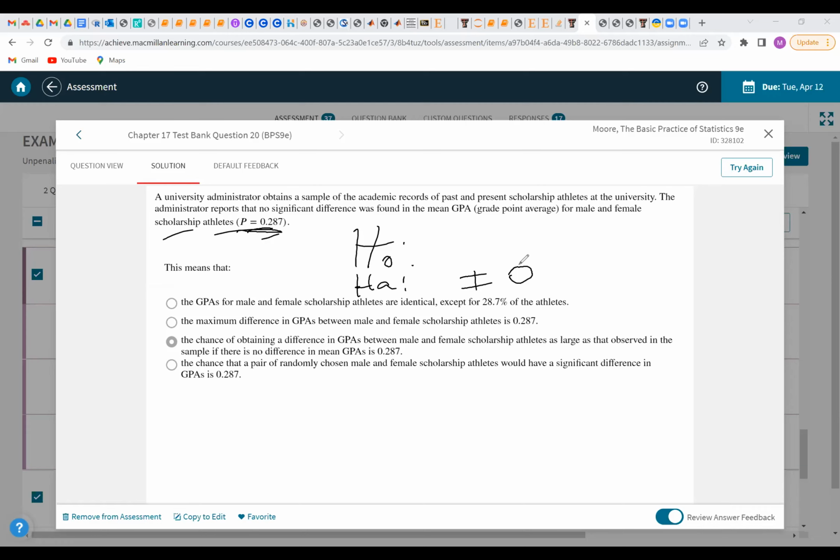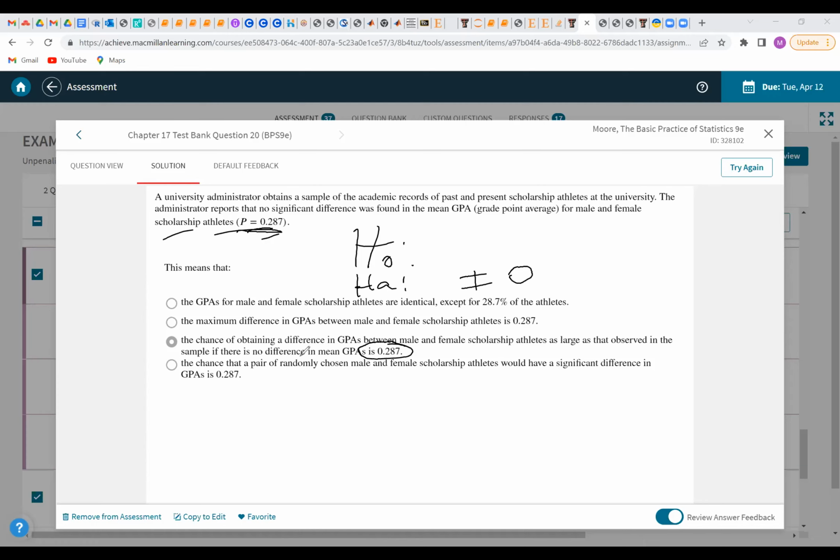So the p-value means the chance of obtaining a difference in GPA between male and female scholarship athletes as large as the one observed in the sample, if there is no difference in mean GPA, is 0.287. That means the probability of observing the statistic we observed from the sample, or a more extreme value, is 0.287.